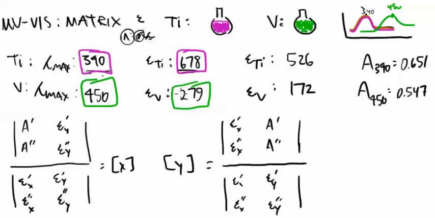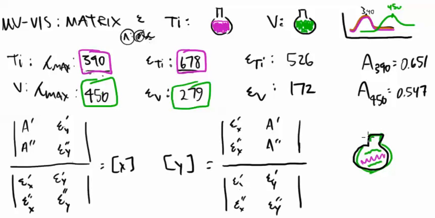Okay, now, because we get two different components, we have to understand that we now have a mixture. And this mixture in this flask is going to be made up of a little bit of titanium and a little bit of vanadium. And it's our job to figure out how much of each, right?